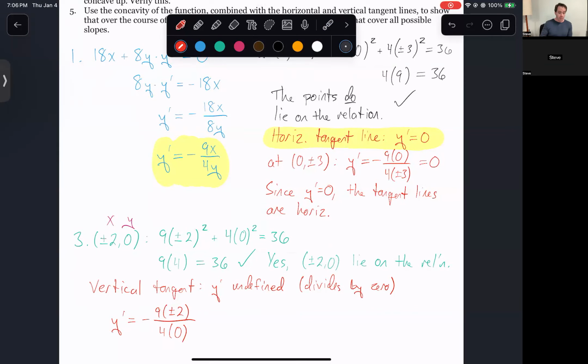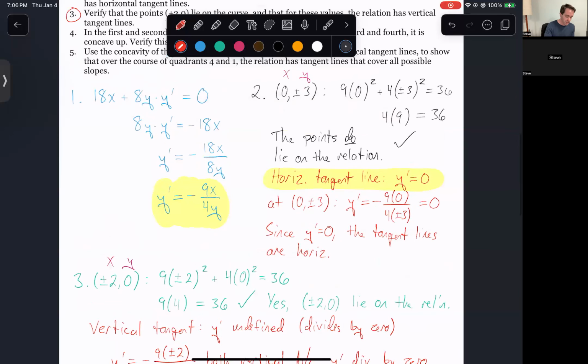It doesn't matter what the top is because the bottom is 0. So these are both vertical because y prime involves division by 0. So we are conquering this problem like crazy.